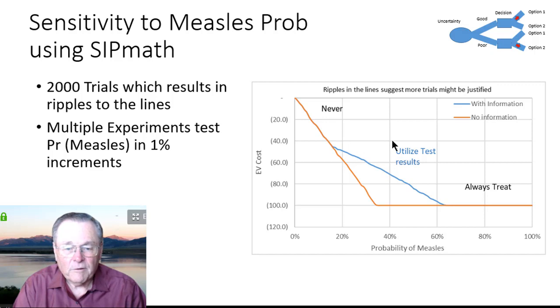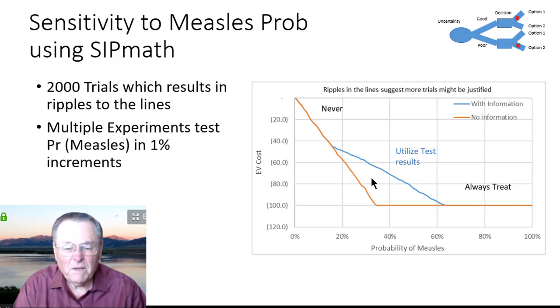And with information, here at about 18%, we start to get information. We know that we get it at 20%. And then when it gets above 62%, 63%, then we wouldn't get the information again. We would just always treat.